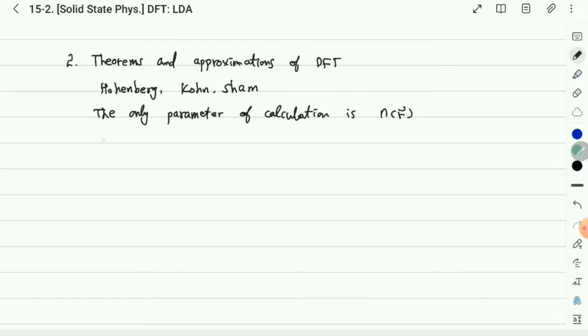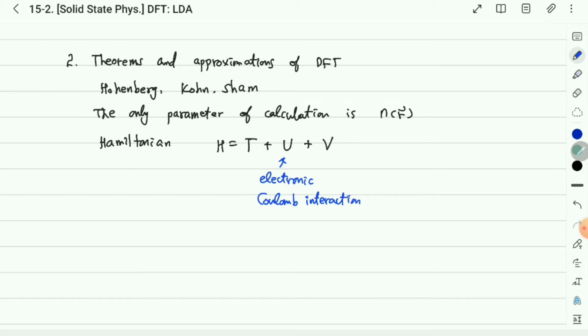And we know the Hamiltonian. The Hamiltonian is composed of the kinetic energy T, plus the Coulomb potential U, and the extra potential V. Here we separate the potential into a simple electronic Coulomb interaction, and secondly the extra potential.